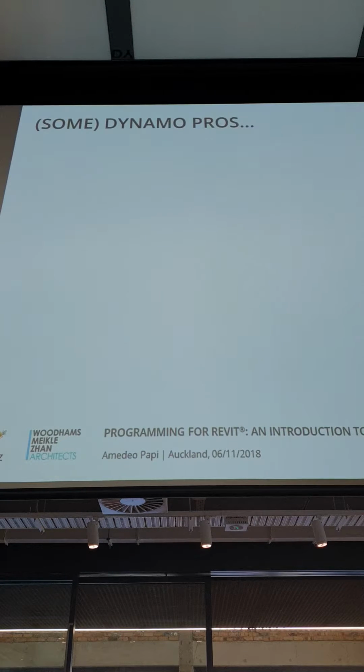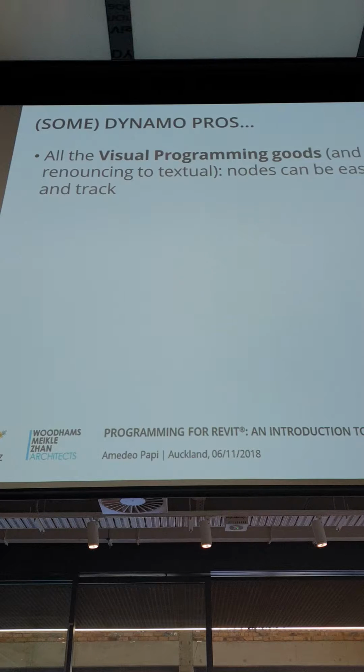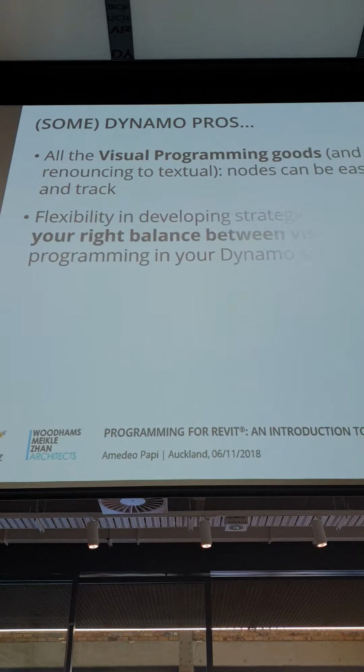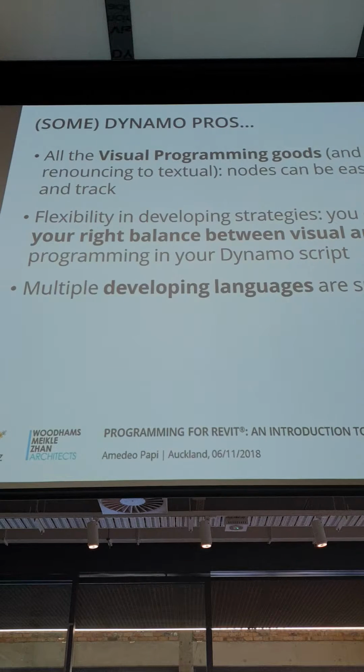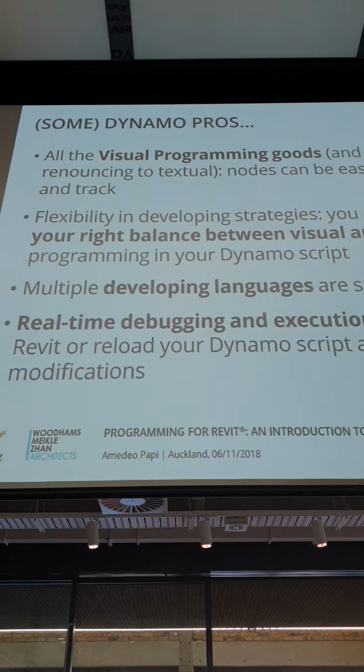So, some Dynamo pros and all the visual programming goods. The flexibility, which is very important to me, in choosing the right balance between visual and textual programming. You can use multiple development languages, like we saw, with real-time debugging and execution.